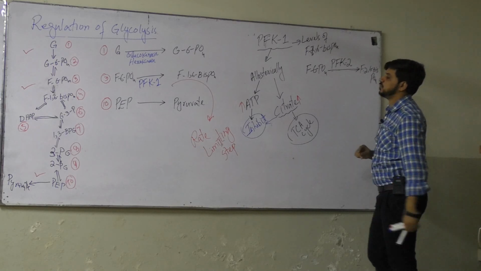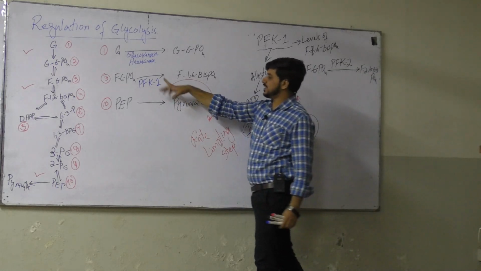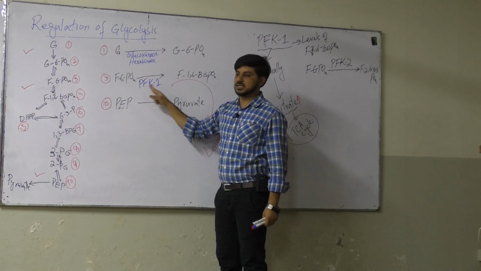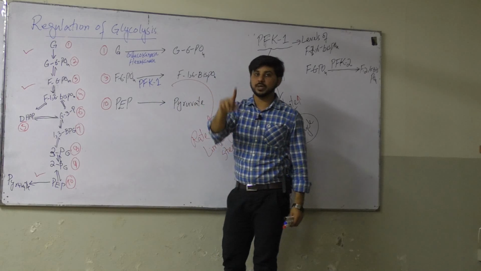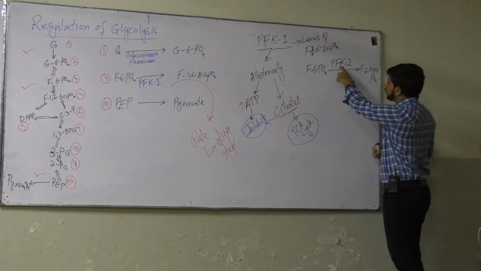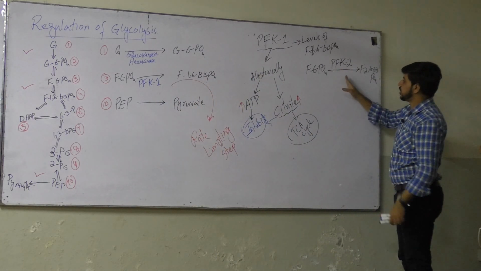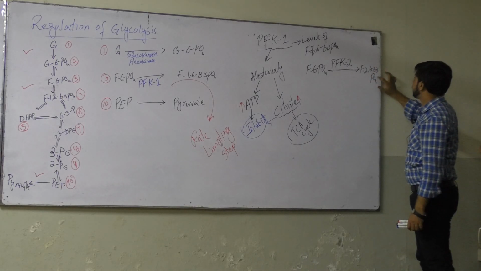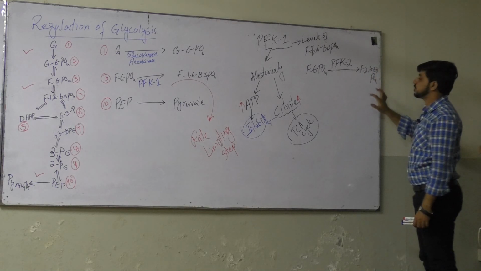Last time I explained that phosphofructokinase 1 means the phosphorylation of the fructose molecule at carbon number 1, so that's why it was named phosphofructokinase 1. And phosphofructokinase 2 means the phosphorylation of this molecule at carbon number 2, and it is named fructose 2,6-bisphosphate.